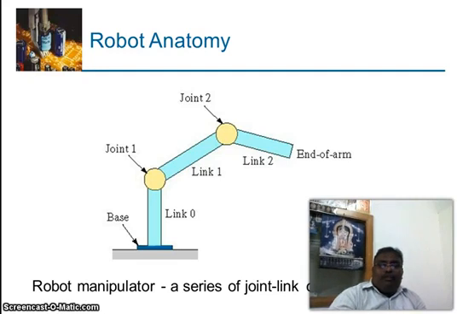It can't move from one place to another place. Here we have used 2 joints, and in between 3 links are there. The end of the arm is used for end effectors. So this is the basic simple architecture, the basic anatomy of a robot.